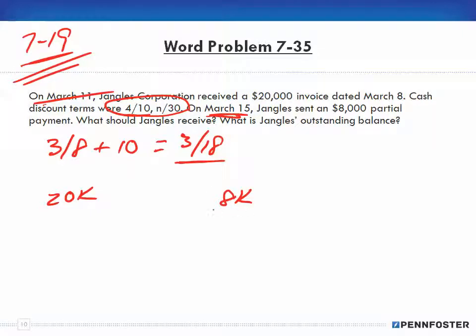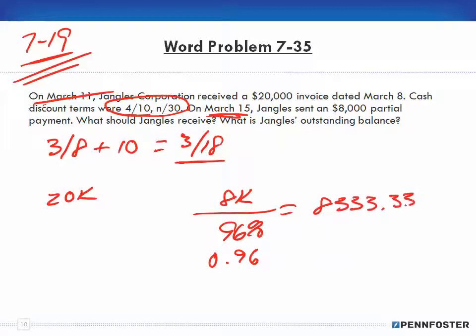And to determine that amount, we're going to divide by the complement of the 4%, which is 96%. So 100% minus 4% is 96%. In decimal form, that's 0.96. So if I take 8,000 and divide by 0.96, I end up with $8,333.33.